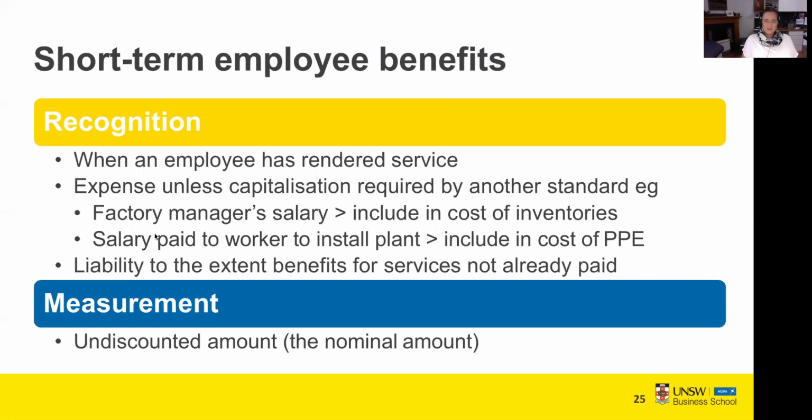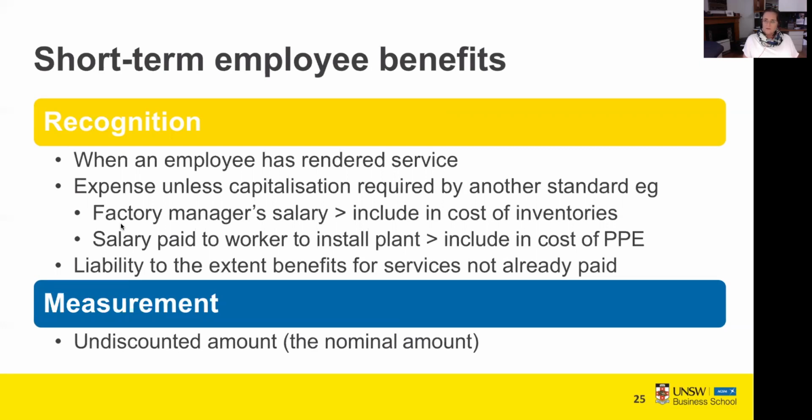So you can see here 2 exceptions to this general rule of recognising an expense. As an example, if I am a factory manager and I am responsible for the manufacturing and production process, then my costs of my salaries and wages would be capitalised into the cost of inventory.